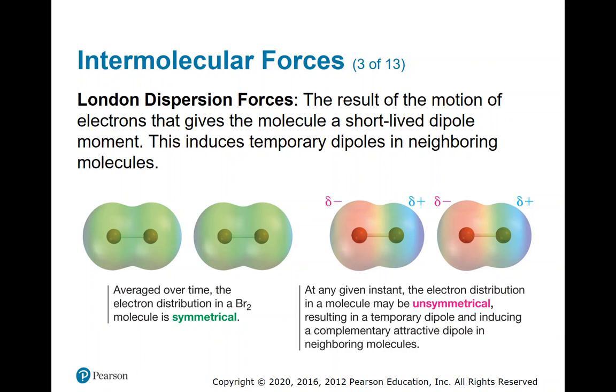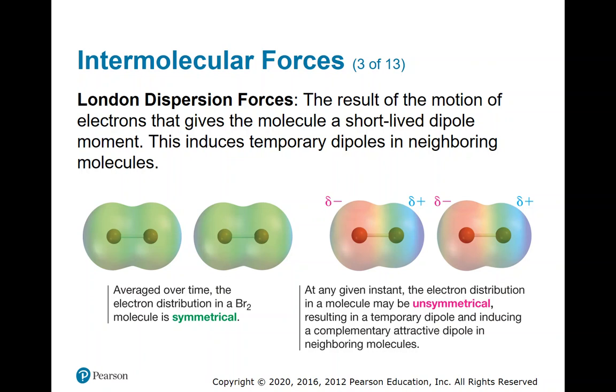So if we look at bromine, Br2 molecules with two bromine atoms attached together, those are completely nonpolar because we have two atoms of the same electronegativity attached to each other. Now, those are nonpolar on average, but it's possible at any given split-second instant, the electrons in one bromine molecule might shift to be biased towards one side of the molecule.